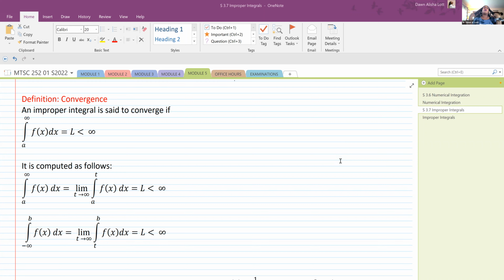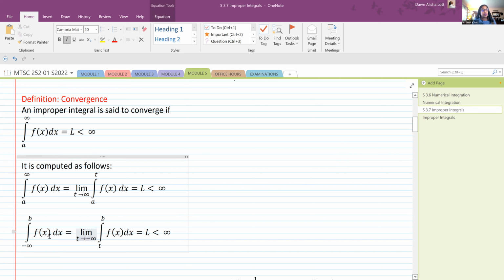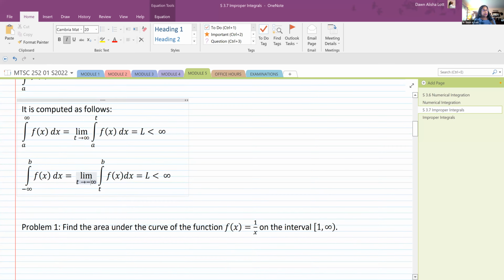Also, if it's an integral that's infinite on the left end, so it goes to minus infinity, then again I'm going to let t go to minus infinity. So the limit as t goes to minus infinity. I evaluate the whole integral, and then at the end, I will take the limit. Okay, so I hope you guys are really up to snuff on your limits.